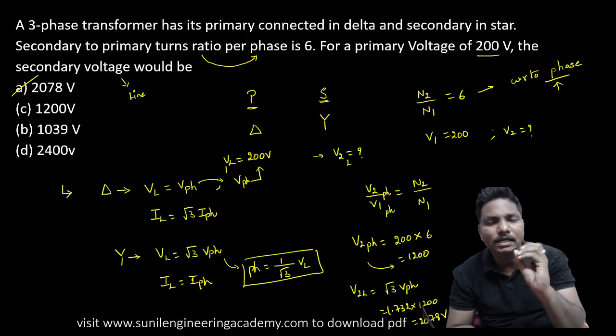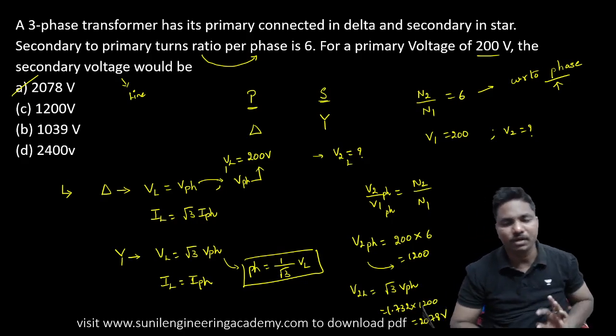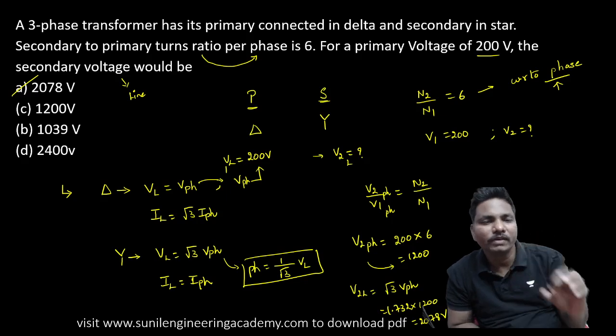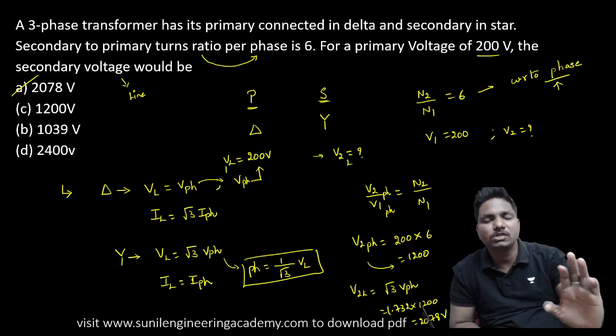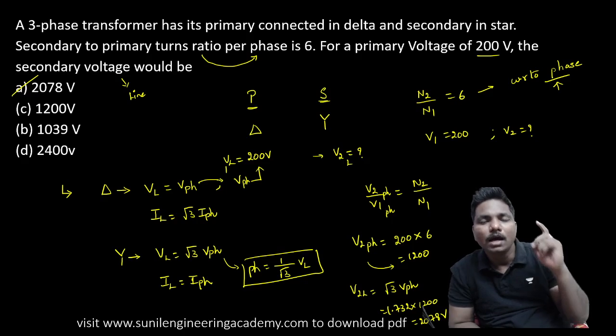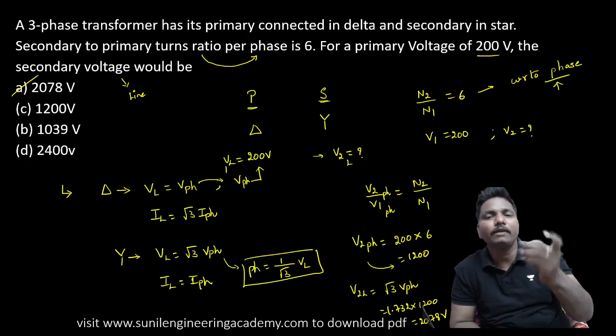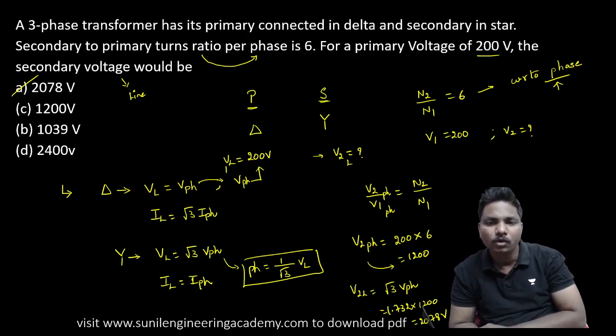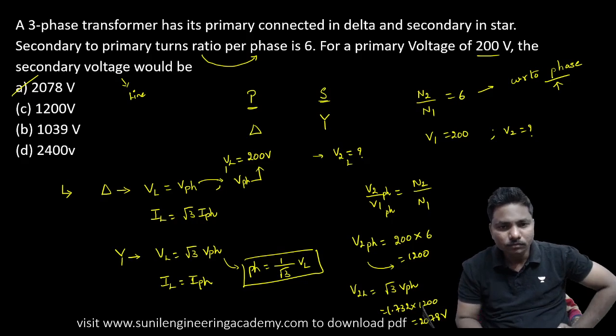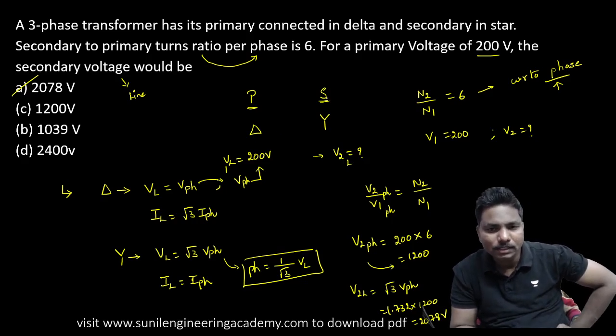Simple idea, listen carefully. Whenever they give a question on three-phase transformers, we have to be aware of delta and star connections and their corresponding line and phase relationships. Primary is delta, secondary is star. In delta, line voltage and phase voltage are both the same, that is 200.